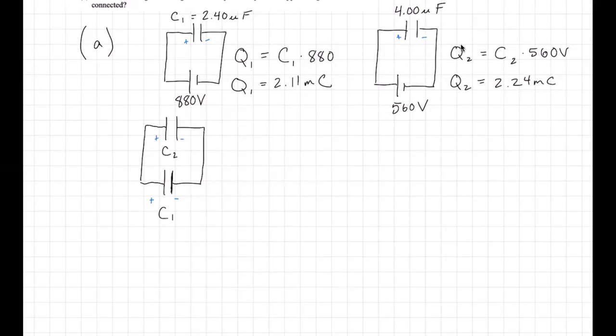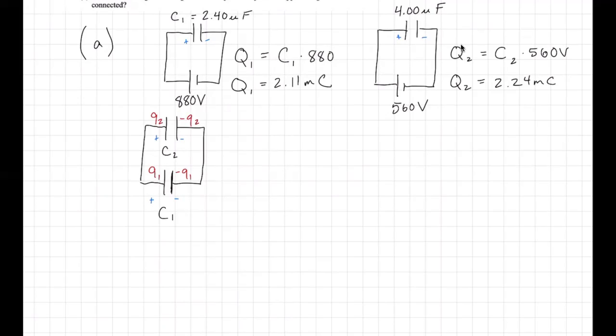And so the charge here will reorganize itself. I'm going to say that on capacitor 1, I'm going to have some new charge, I'll call it little q1, as opposed to big Q1 from before, on this side and negative q1 on this side. The charges on each plate will be the same in magnitude. And then on the other capacitor, I'll have some q2 there and some negative q2 there.